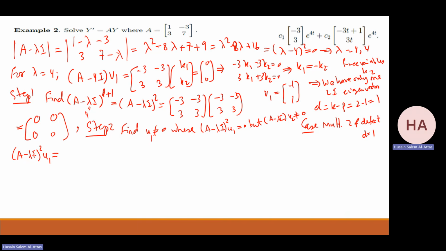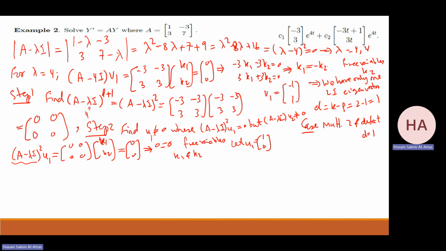Now if you want to solve this, (A minus lambda I) squared, I'm doing it in detail. It is 0, 0, 0. You let U1 as usual be K1, K2, or call it the way you like. This will be nothing. I have 0 equals 0, no restriction. So what are the free variables? Everything is free. So I can let U1 be 1 and 0, for example.